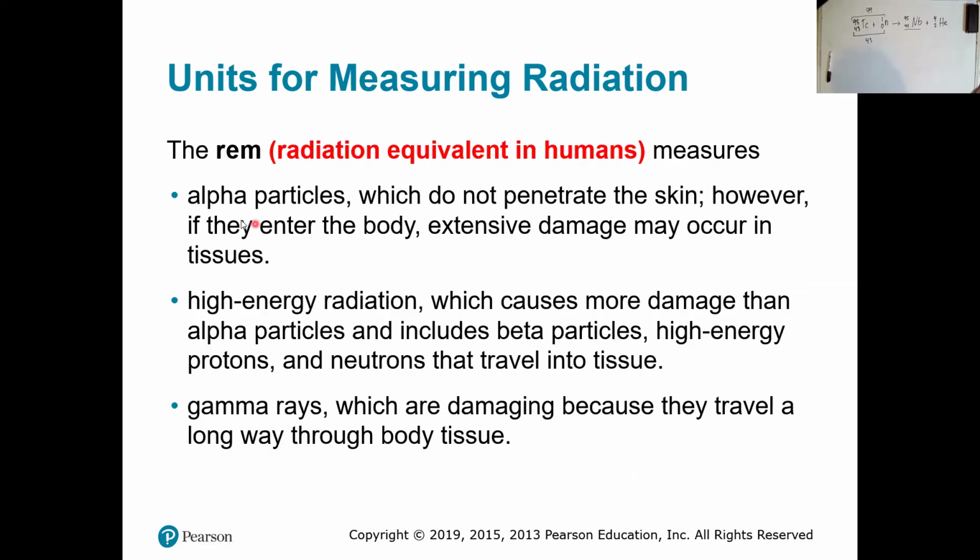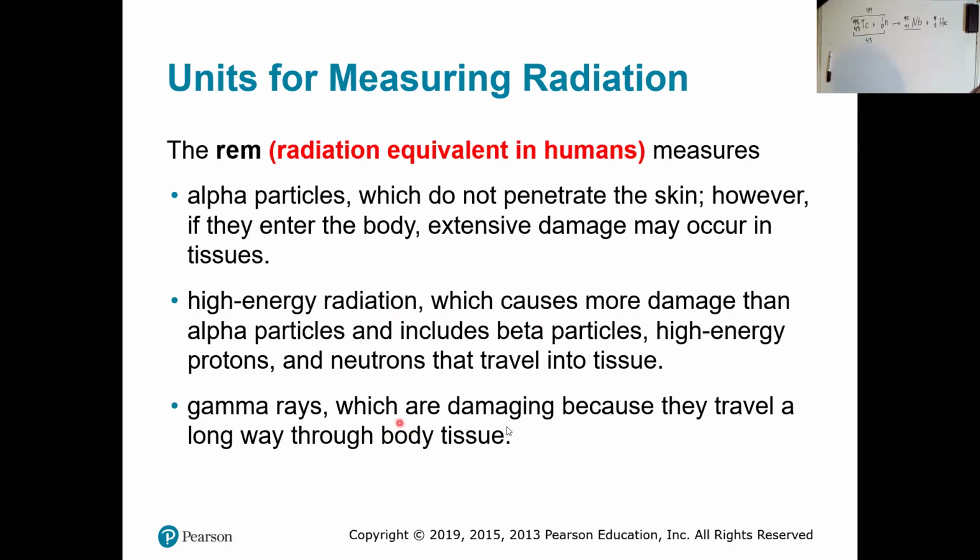You're going to see the difference in the type of damage different particles can do. Alpha particles don't really penetrate the skin, but if they enter the body, extensive damage is going to occur. It's not very likely that they're going to enter the skin, though. High energy radiation causes more damage than alpha particles because it's able to travel into tissue.